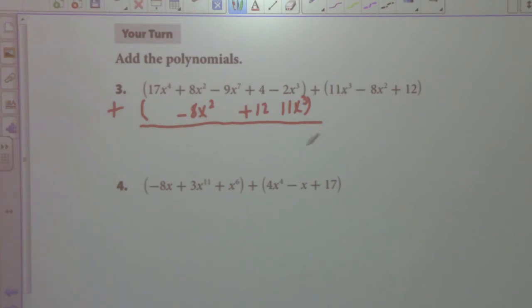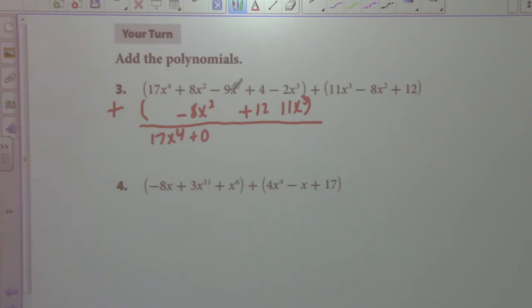Yeah. So let's go ahead and move the columns down. Here we add 17x to the fourth power plus 0, so we just bring down 17x to the fourth power. And then here we have negative 8x squared plus 8x squared, so that's going to be what? Cancel. 0. They're going to cancel, so I'll just put plus 0.